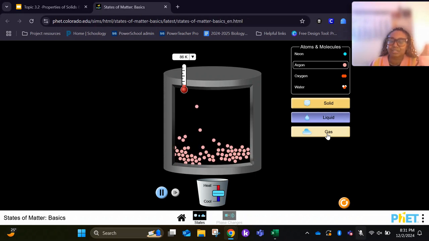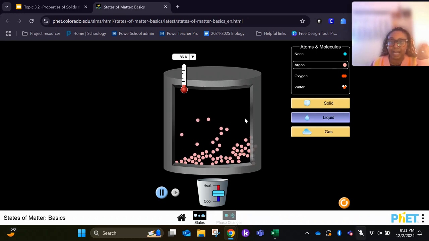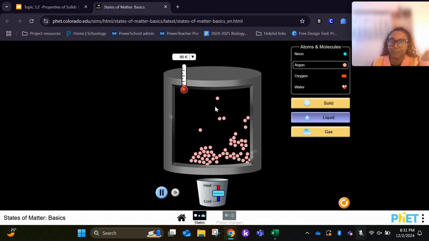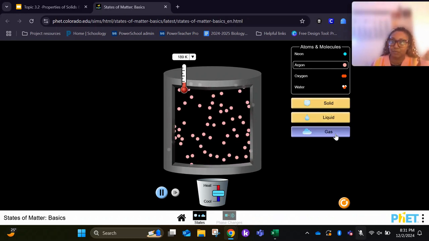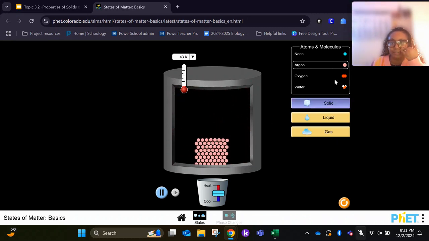Because it naturally exists as a gas, this is one where, you see, I hit liquid and it's turning itself into a gas, even though I just hit liquid. This is that high vapor pressure thing, right? When we say high vapor pressure, this is already vaporizing and we haven't done anything yet. It's supposed to be in liquid form. And then of course this is gas. So this is the difference between them, if you can see that.